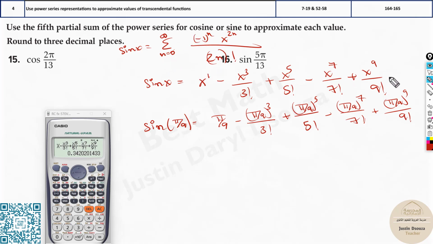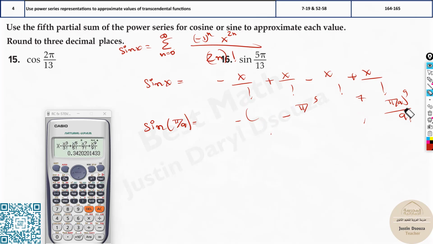Now what happens when we substitute? Over here there is no x term and there are no odd terms at all. See, all will become even. So over here, you will have to change all this, and over here we have changed it anyway. So let me just erase this completely.